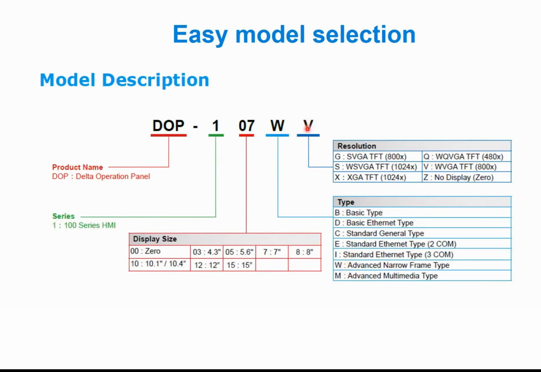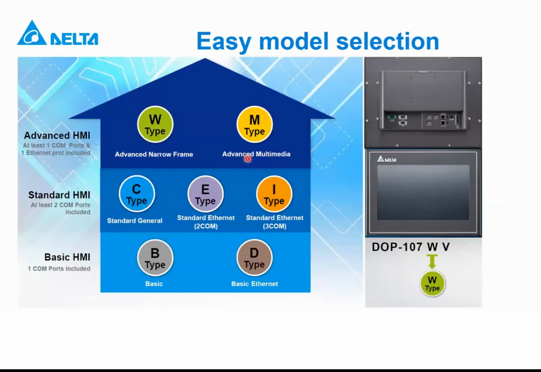And the last column in the model name stands for the resolution. This has to do with the quality of the screen of your HMI. So this is how you basically identify an HMI. And if you are ordering, this naming rule helps you to choose the right HMI that fits your application.